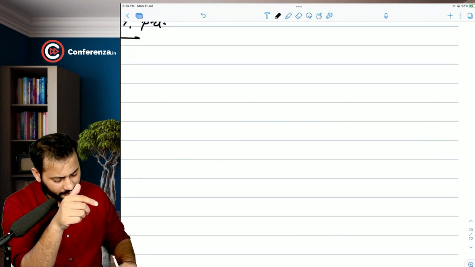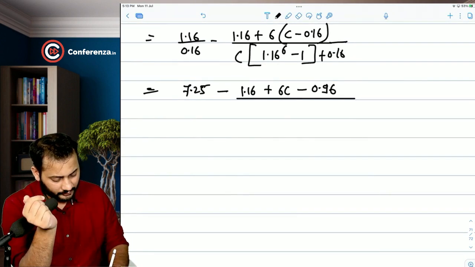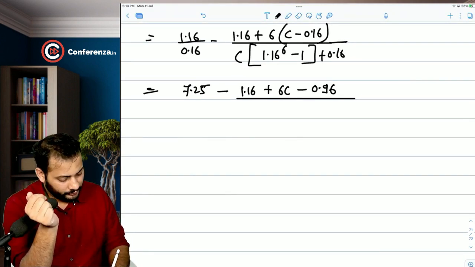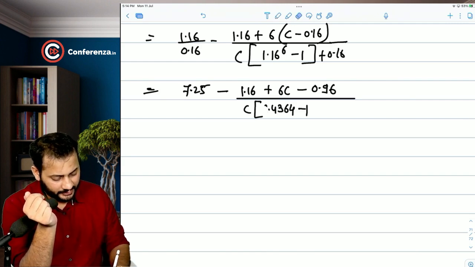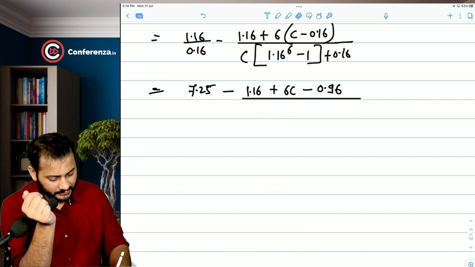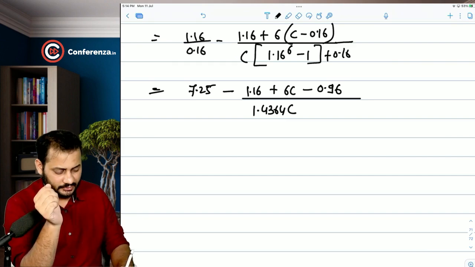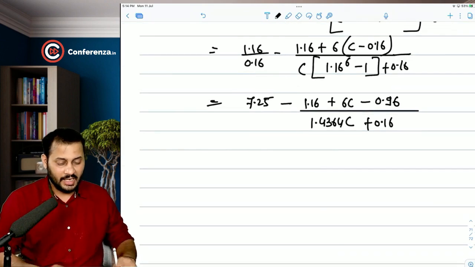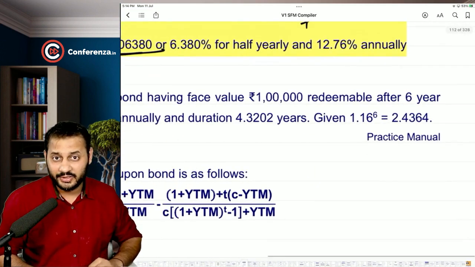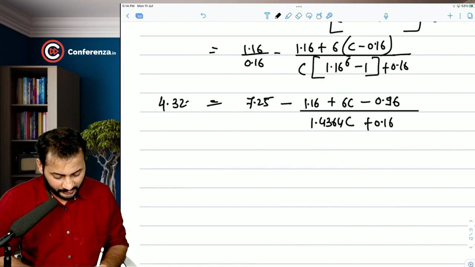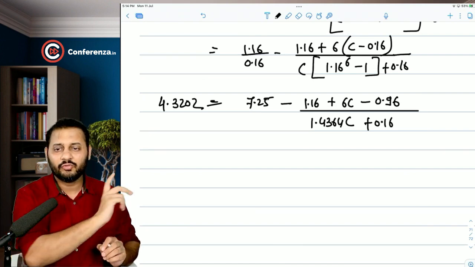So I can just put it here. 2.4364 minus 1. So I can write it directly as 1.4364C, the entire answer, plus 0.16. And the answer for the duration is 4.3202. If we solve this equation, we can get the rate of coupon easily.